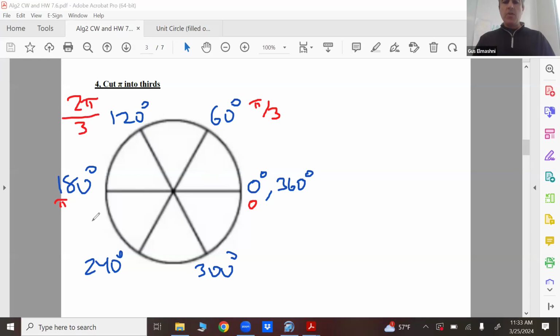Good. 240, what do you multiply 60 by to get to 240? What do you multiply 60 by to get to 300? 5. And then you get back to 2 pi.